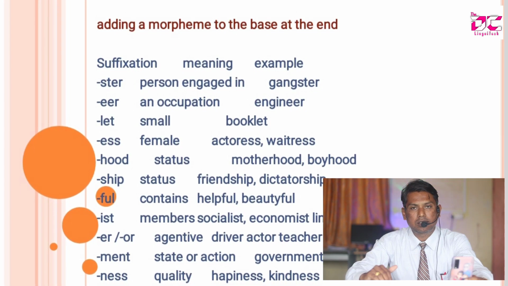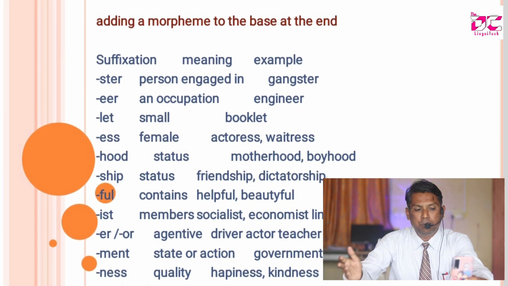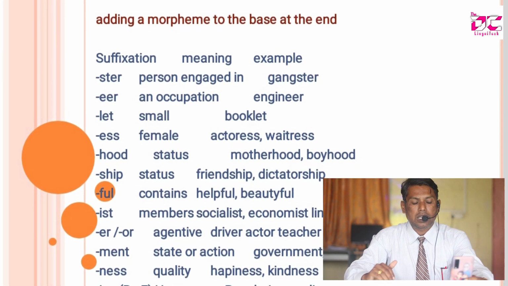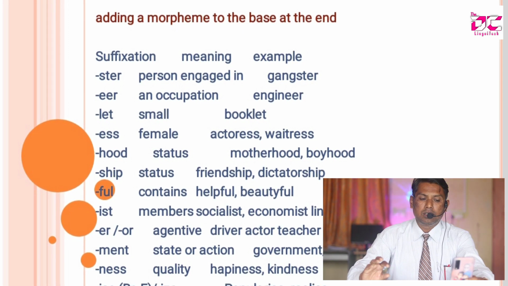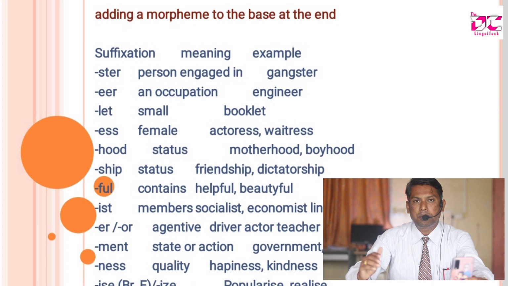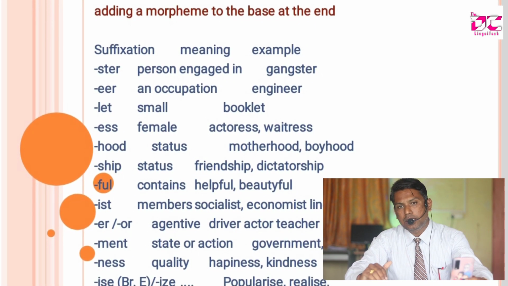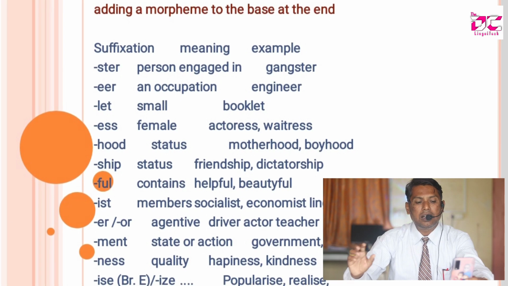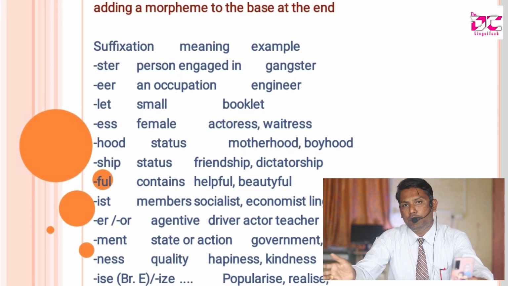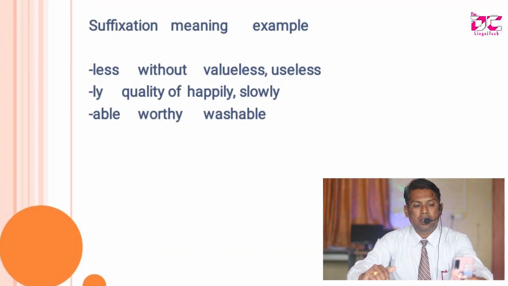It's for status, like brotherhood, sisterhood, motherhood, boyhood, etc. Again the suffix ship is of the same kind, like friendship, dictatorship, etc. Next one is full. Full is containing. It contains, like helpful, beautiful, useful, etc.